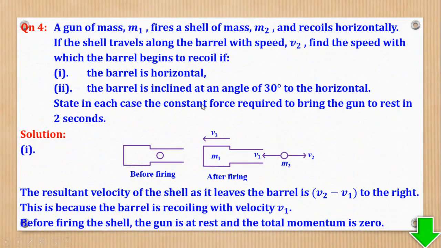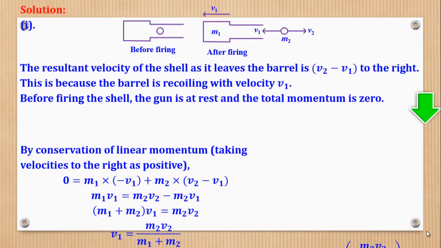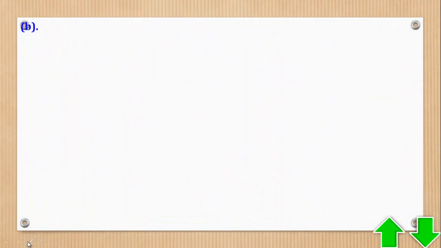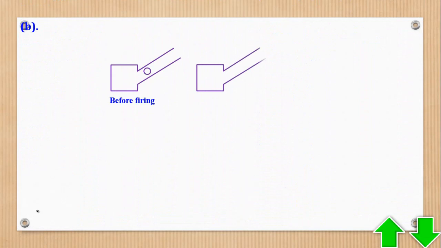Roman 2 is when the barrel is inclined. The barrel is inclined at an angle of 30 degrees to the horizontal. So we shall come and make a sketch again, before firing and after firing.